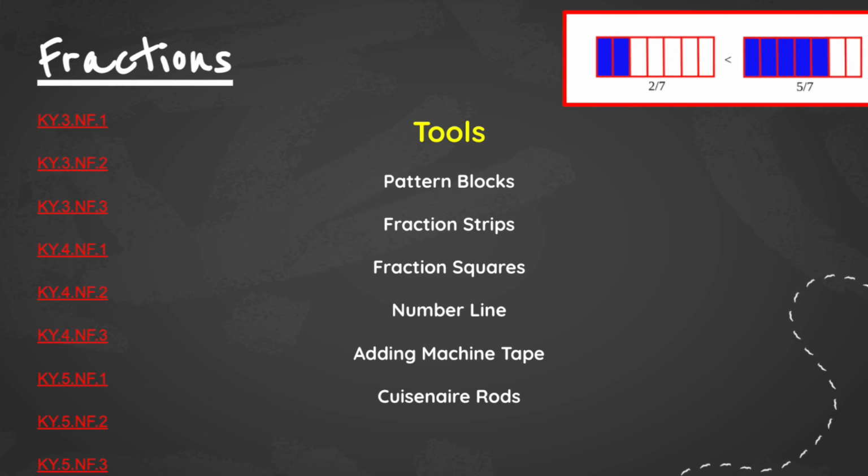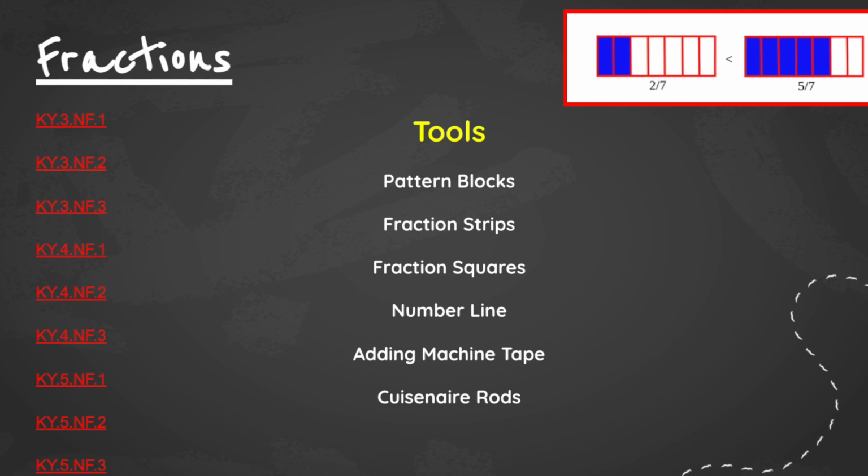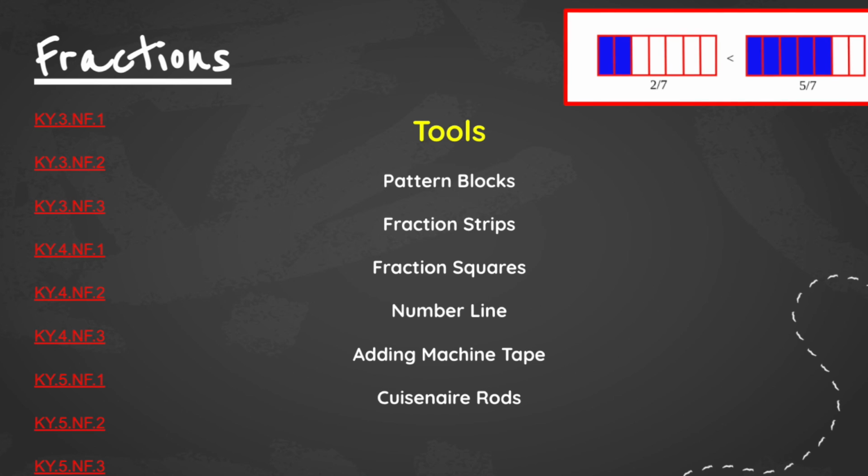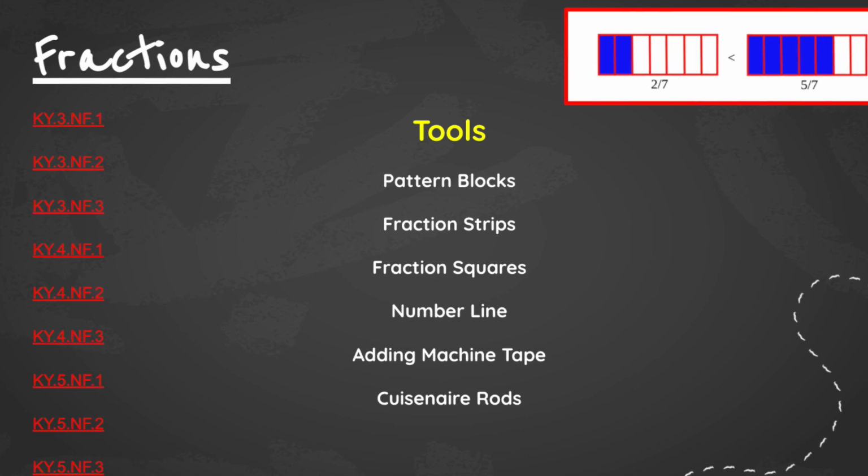Then you also have, in your kit, these fraction multipliers. Now the purpose of the fraction multipliers is to multiply fractions, but we can use them at our elementary level by just identifying fractions. What fraction is blue?